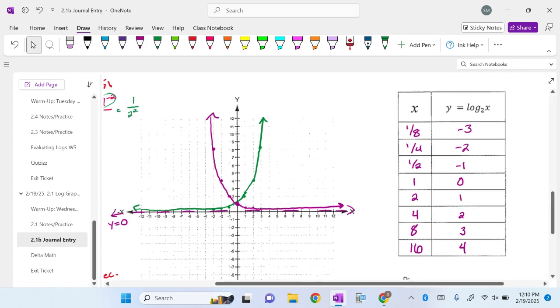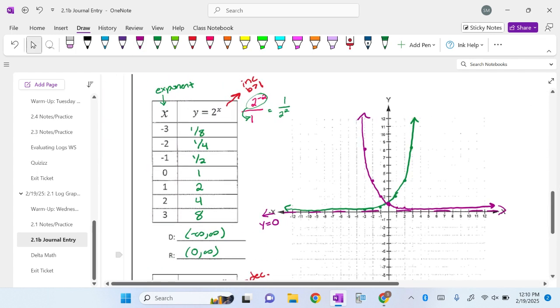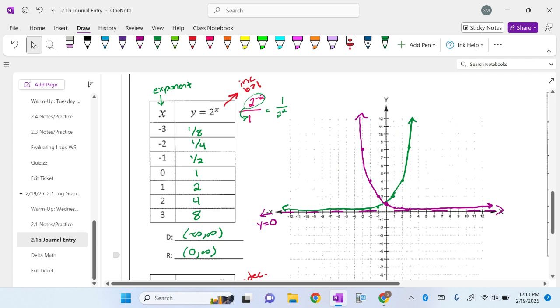So the reason I could do that so fast is because all I did was use the y equals 2 to the x table and just switch the x and y columns. That's all I had to do. There was really no calculating involved, because we pretty much already did the math.